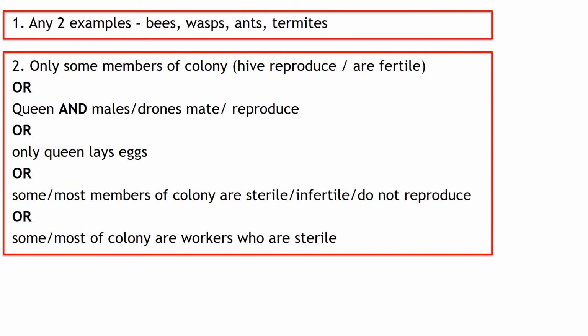For insects, you get a mark just for giving a couple of examples. So if you said, for example, bees and ants are social insects, that would be a mark. And then a description to do with breeding. Only some members of the colony are fertile, or you can name them: the queens and the drones mate, or the queen lays eggs, or you could say the workers are sterile.